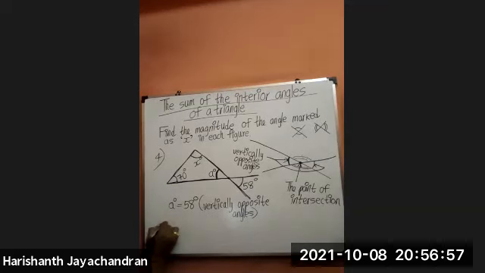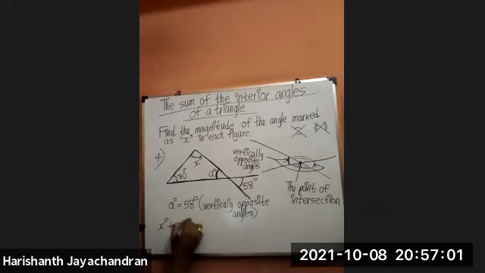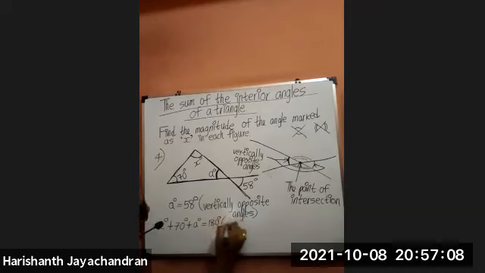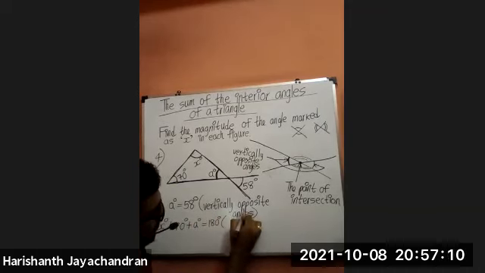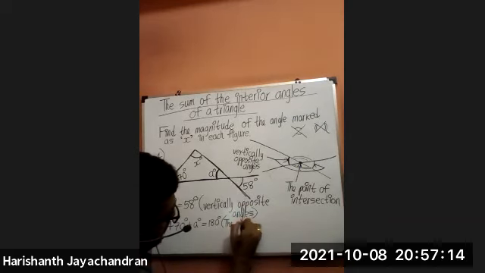So therefore here we got X degrees plus 70 degrees and then plus A degrees is equal to 180 degrees. The reason, as I stated before, the reasons are really important, guys.